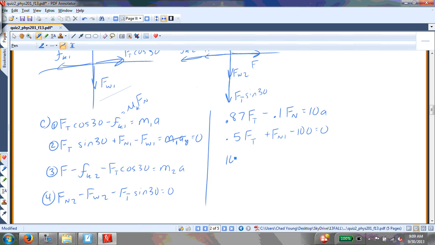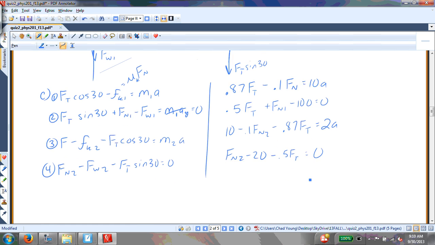And I have 10 minus 0.1 Fn2 minus 0.87 Ft equals 2A. And then for equation 4, I'm going to have Fn2 minus 20 minus 0.5 Ft equals 0. I'm going to rewrite this in a matrix form.